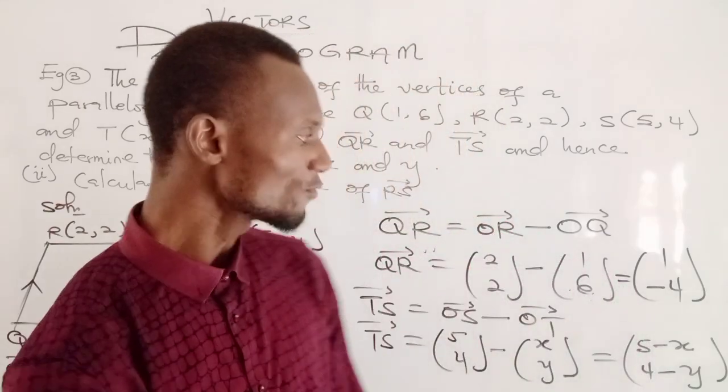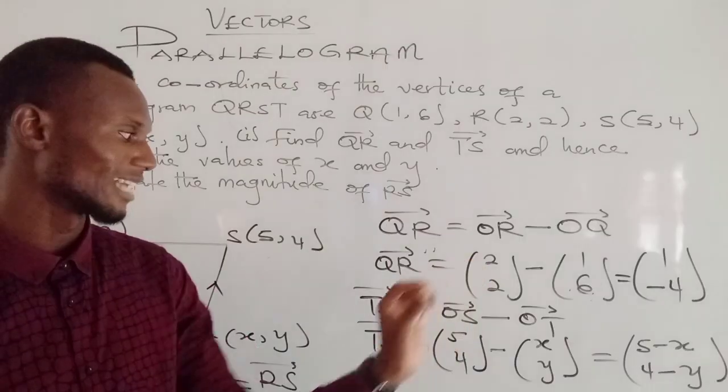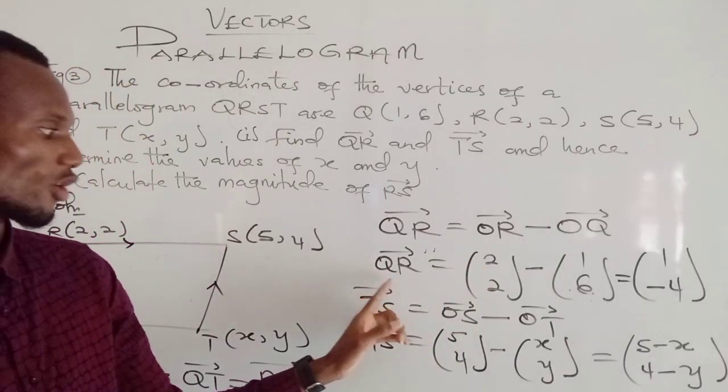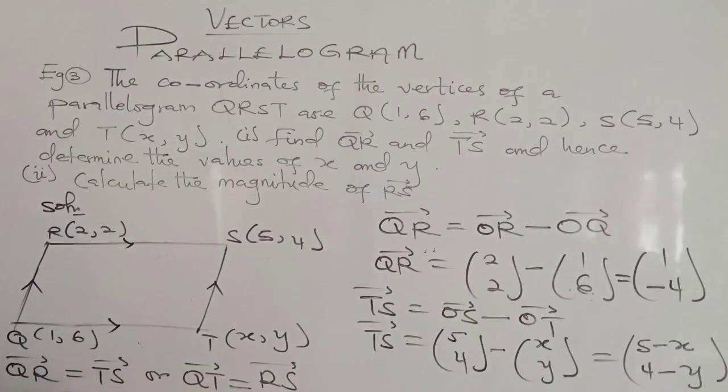But from what we've done so far, you can see that the question asks us to find the vector QR and the vector TS. So I will use the one which will be simple for me. You can see that from this one I have the vector TS and also I have the vector QR here.